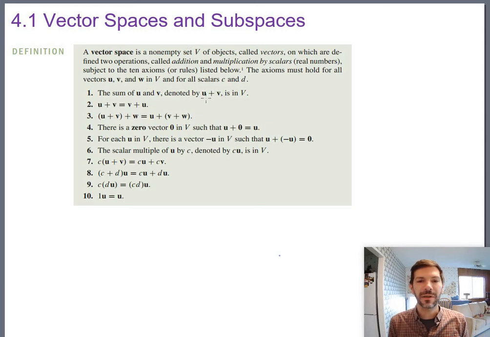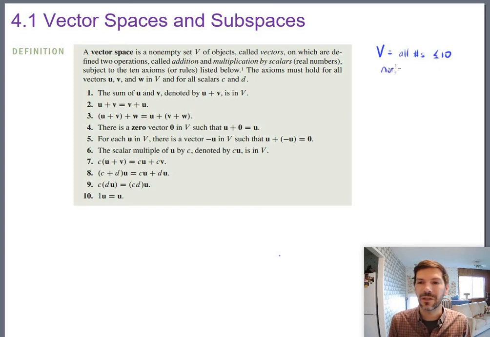So in other words, if you add two of them together from the set, you still need to get something in the set. So for instance, if I decided that my set V was all numbers less than or equal to 10.